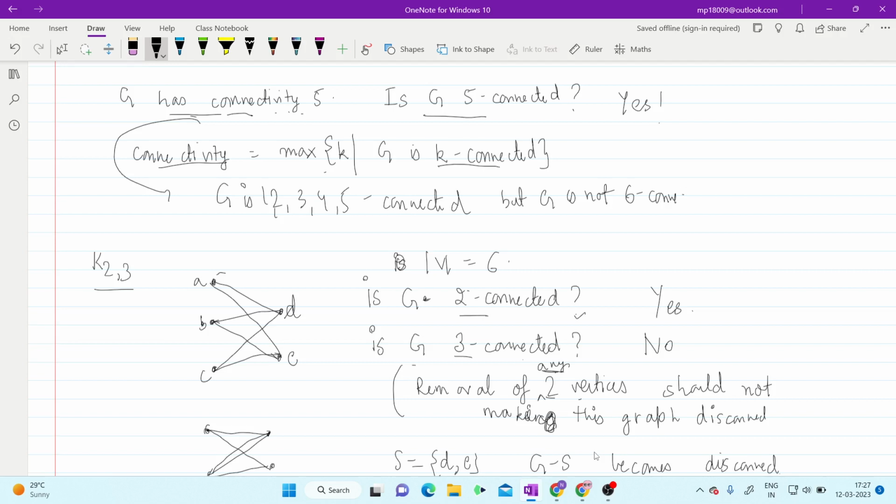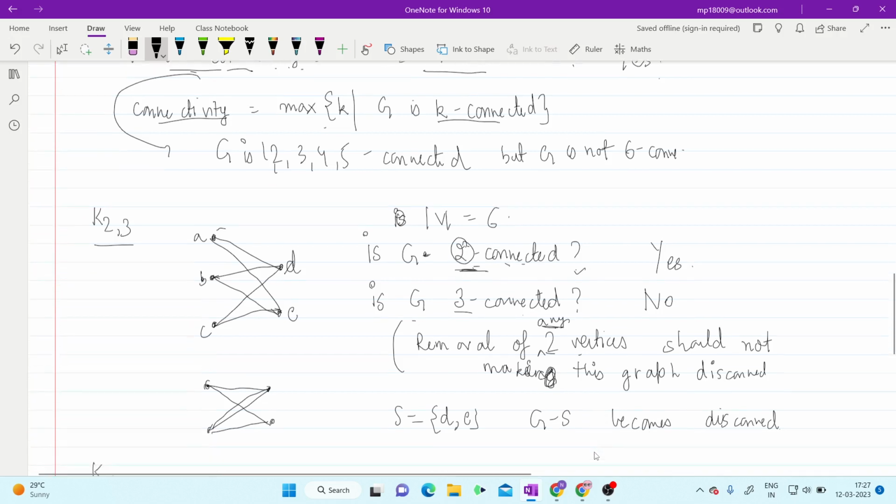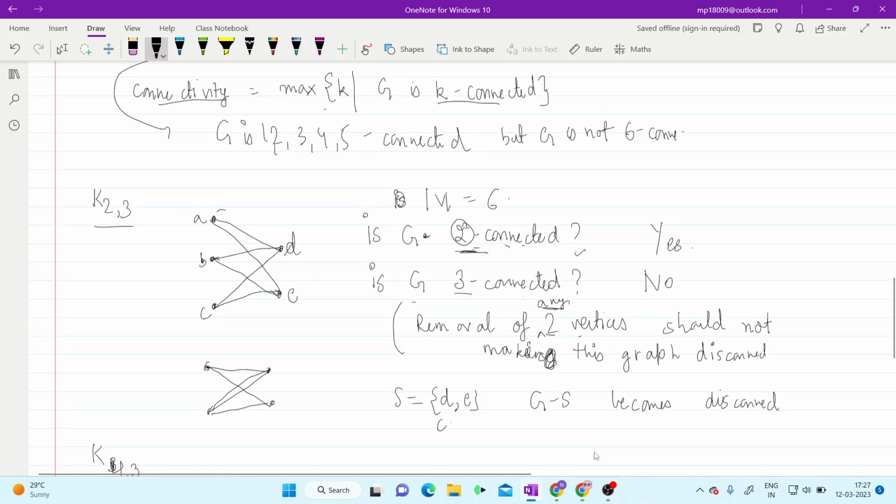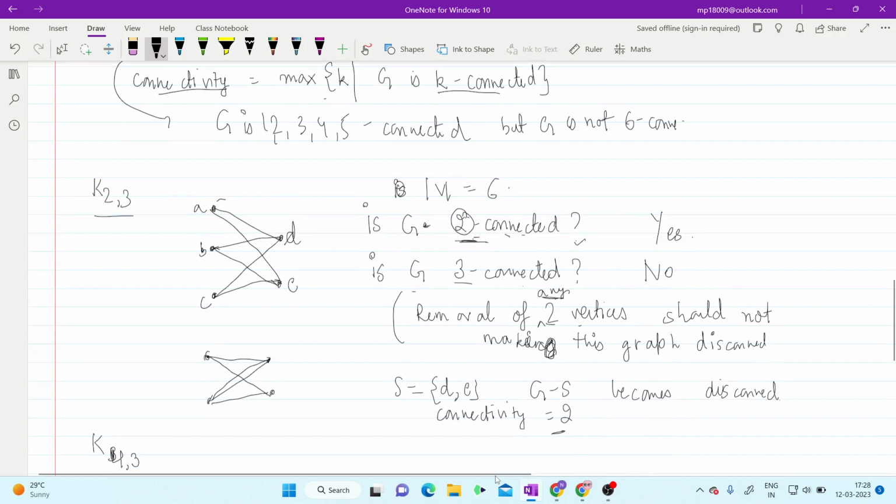So 2 is the maximum k: G is 2 connected, and 2 is the maximum such number. Therefore, connectivity is 2. This is the relation. Is that clear?